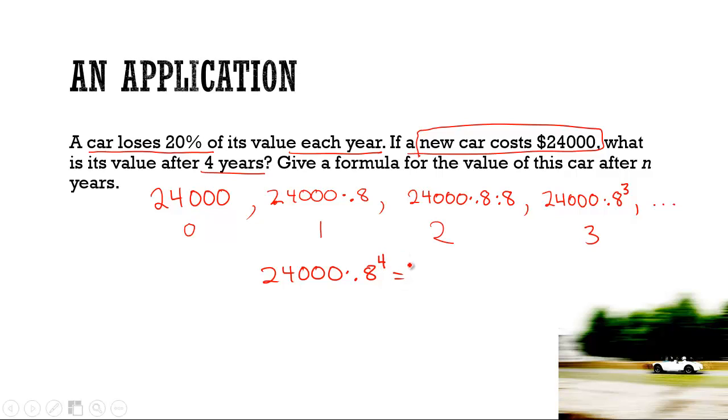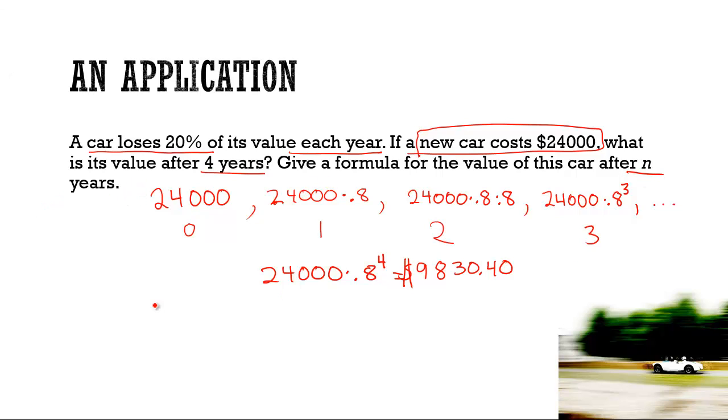So that helps us create a formula. So let's first find out how much this car is now worth after 4 years. 0.8 to the power of 4 times 24,000. Well, look at that. It's only worth $9,830.40. That's too bad. Well, what about after n years?